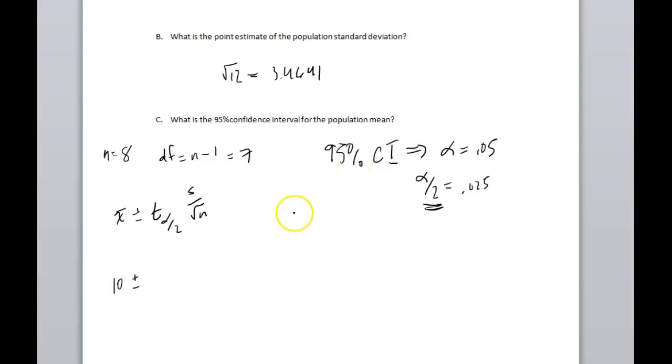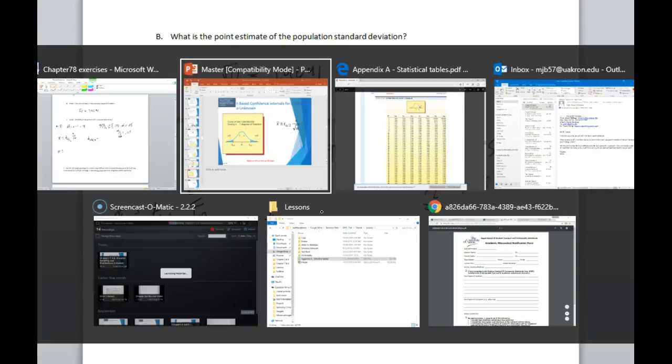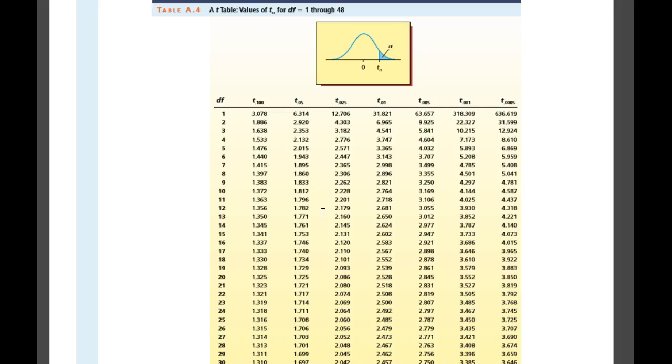I'm just going to note this over here: T of 0.025, comma 7, the degrees of freedom, is 2.365.